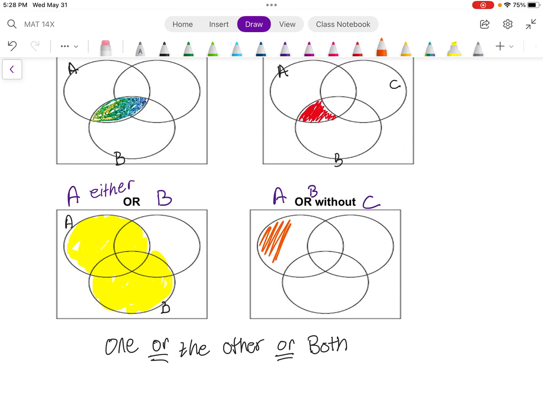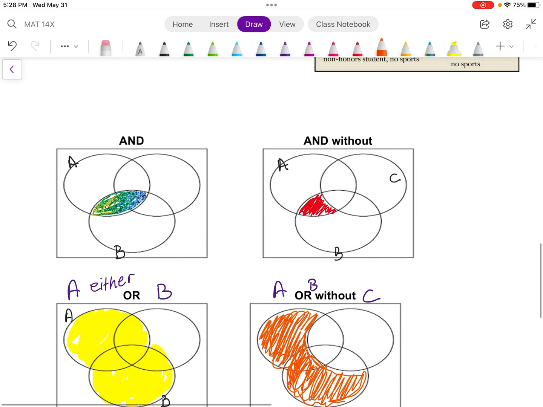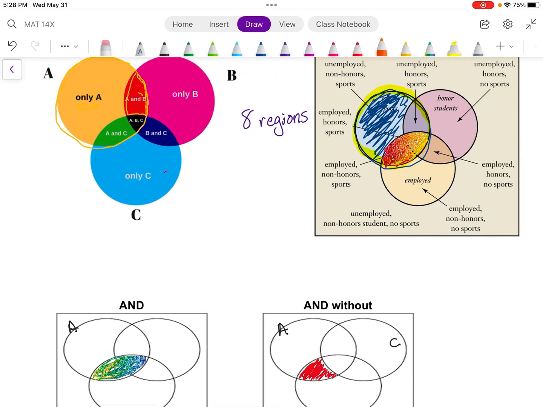So just like what we did with the and when we did the without, we want to take out that group C circle. This group C circle doesn't count. And so we're going to highlight everything that's not in the group C circle, but is in the group A and B circle. And so up here, and I'm going to erase just so we can focus, that would mean I would be looking over here at my school sports and then down here.